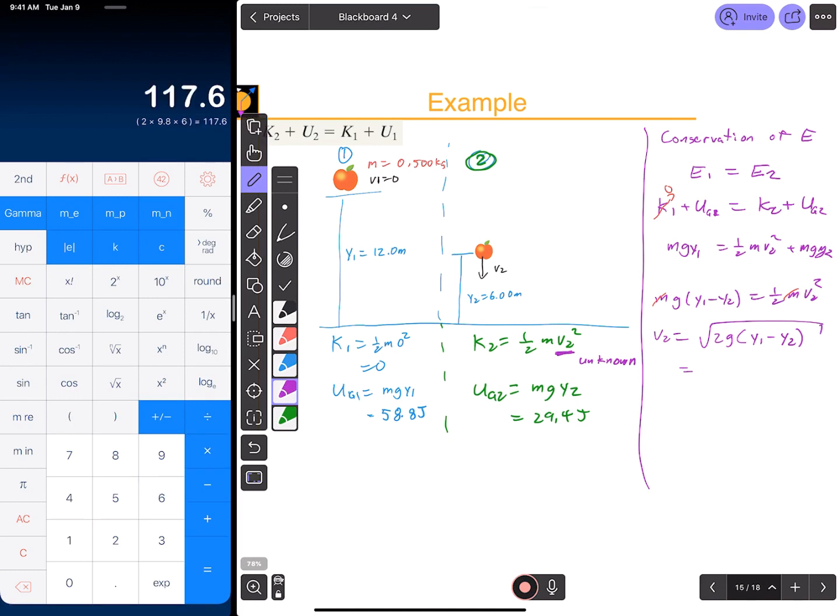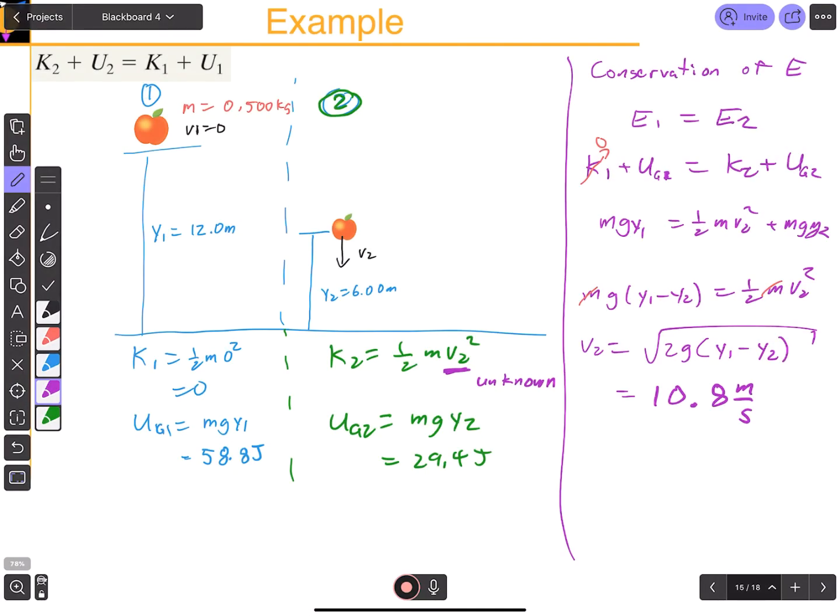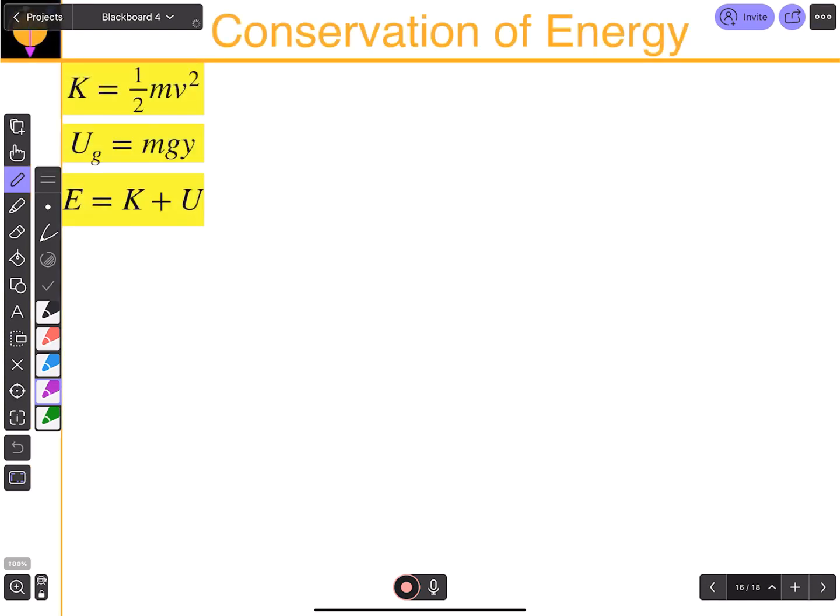It's 117.6, and I take the square root of that, and I get my final answer is approximately 10.8 meters per second. So that's how fast, if I drop that apple, that's how fast it's going once it's dropped halfway down. It's now moving at 10.8 meters per second. That's a basic application of conservation of energy, and we will be doing a bunch more of that in the next few days.